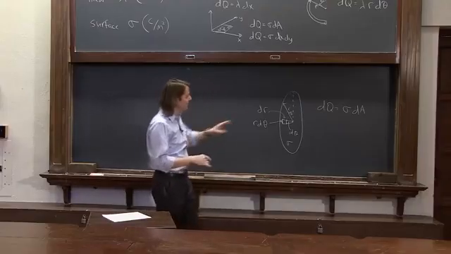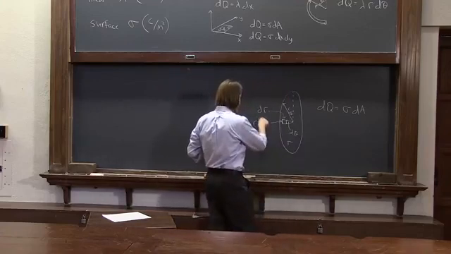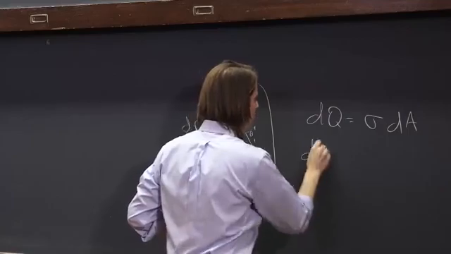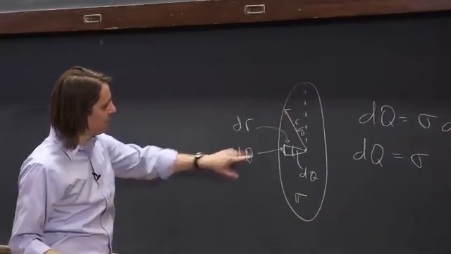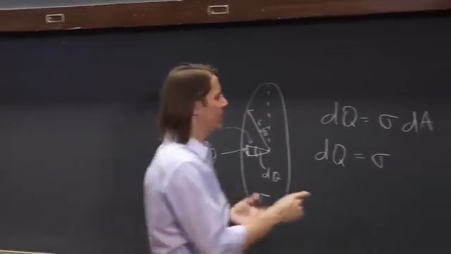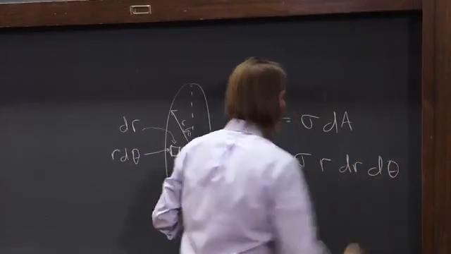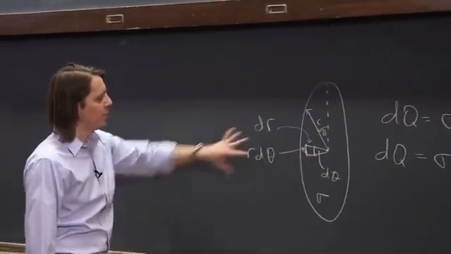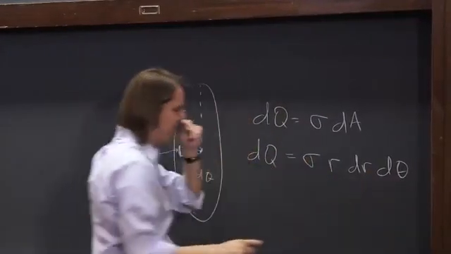So if you want the area, you think of it as a little square, and the area is just r d theta times dr. So dq is sigma times that area. R d theta is this length, dr is that length, but we often rearrange it so it sounds nicer: r dr d theta. But really what's making the area is r times d theta is one side, dr is the other side.